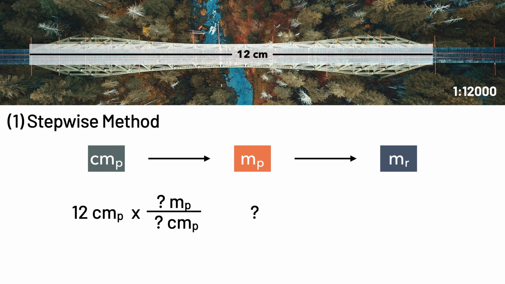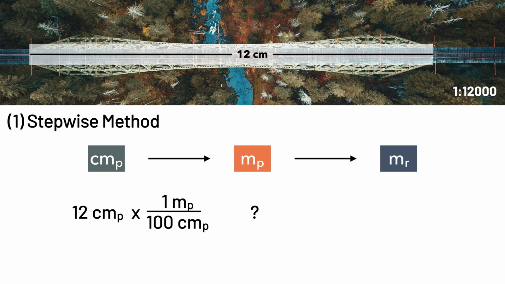Now we need a true relationship between the two units of measurement. The one I always use is that 1 meter is equal to 100 centimeters. However, you can use any relationship between the two units that is true. You could use 0.01 meters, you could use that 2 meters is 200 centimeters, but for our cases, I'm going to stick with 1 meter is equal to 100 centimeters.